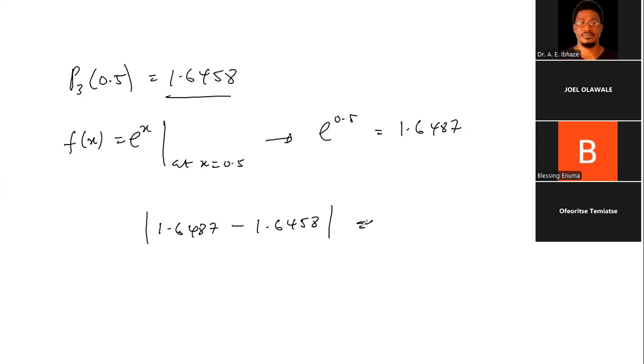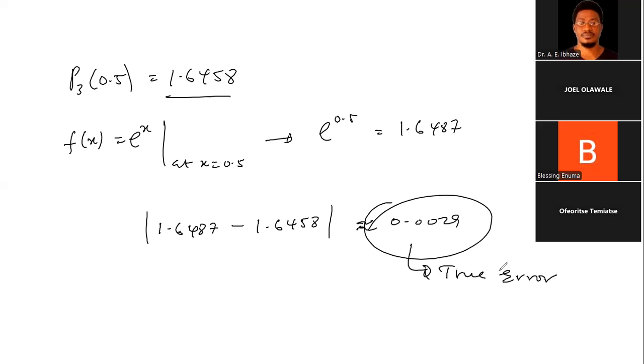And this is approximately 0.0029. Okay, so this is the true error. We can say that the error is relatively small, and as such, the Taylor approximation technique is relatively highly accurate.